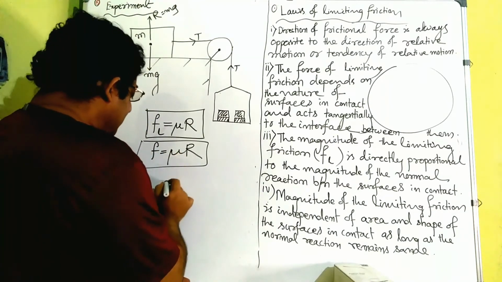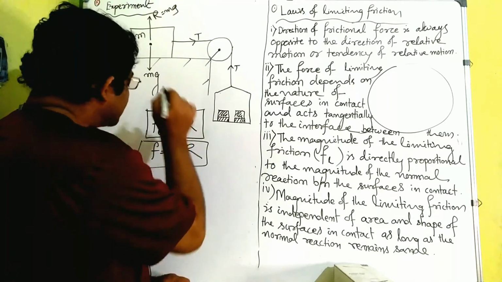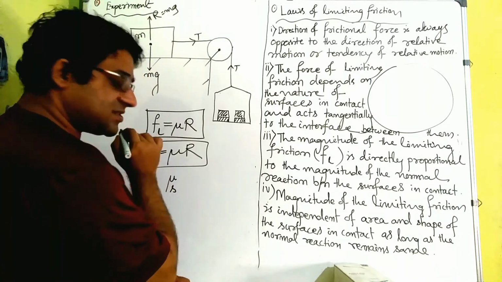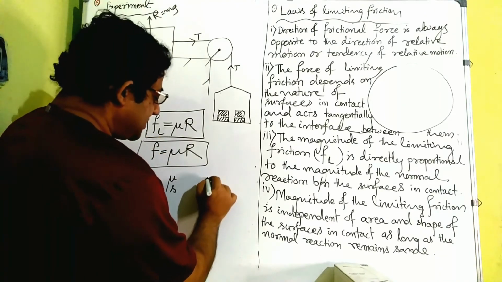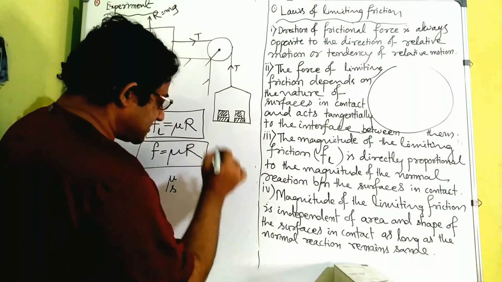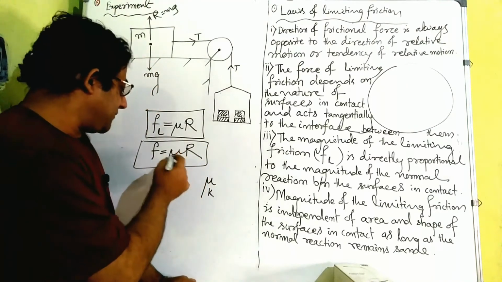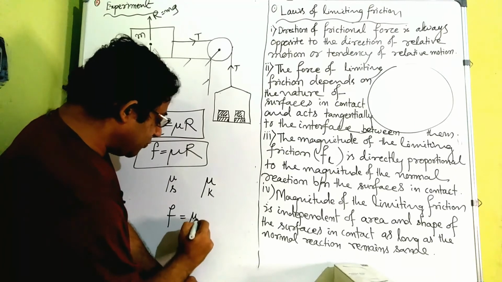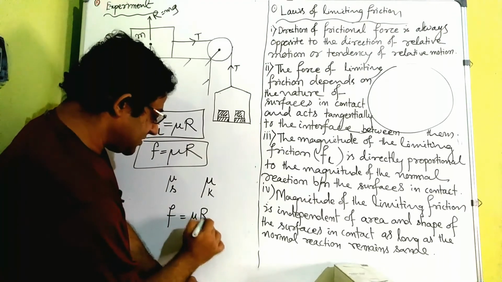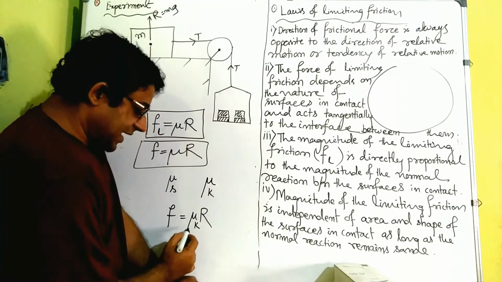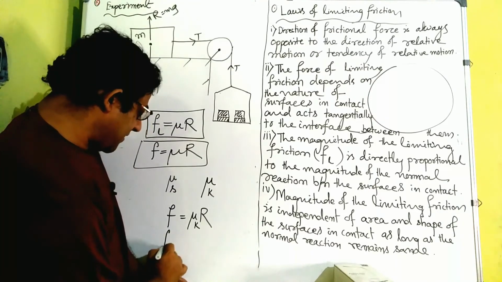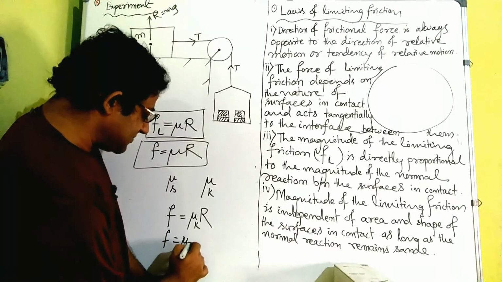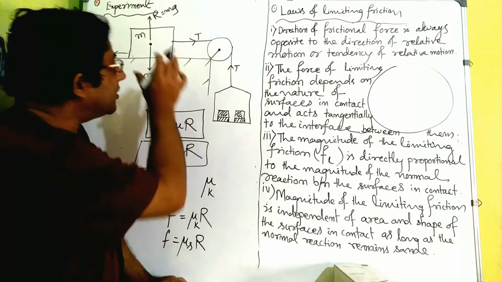Then the coefficient of static friction is given the symbol mu s, and the coefficient of kinetic friction is given the symbol mu k. If the object is moving, then the frictional force will be mu k times R. This is the coefficient of kinetic friction, and F will be mu s times R when the body is at rest.